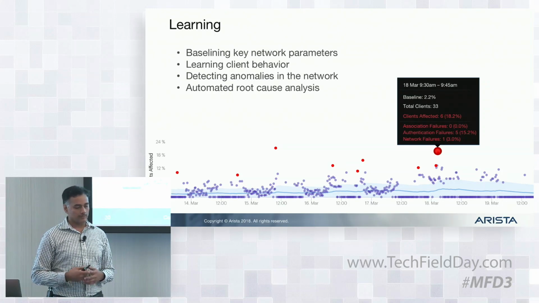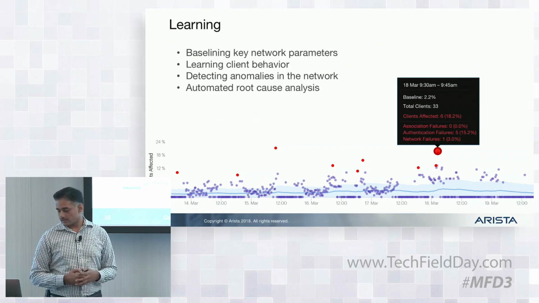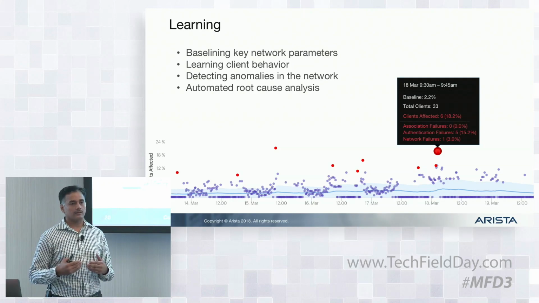I think we have done all of these, as we'll show in the next session. Learning is a key piece, one of the key advantages of this whole platform and the real data associated with it.